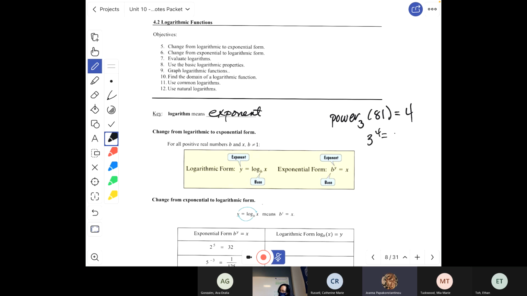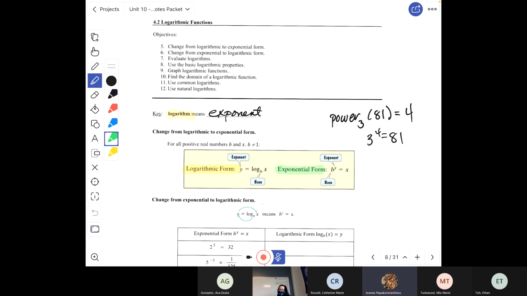If I wanted to rewrite that in exponential form, it was this. So that was from the previous fun puzzle. Let's go ahead and formalize what it means to go from logarithmic form, a form that's represented in terms of logarithms, to exponential form, where we have a base raised to a power.